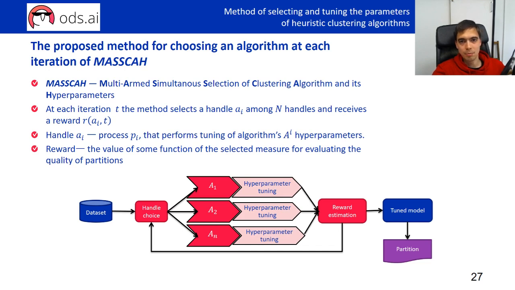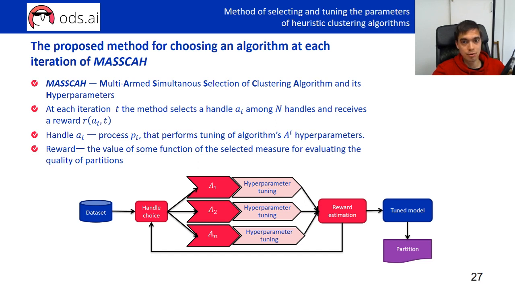So let's consider the proposed method for selecting and tuning that we call MASCAH. It actually stands for multi-armed simultaneous selection of clustering algorithm with its hyperparameters. Such an awkward name. At each iteration, the agent selects one of the arms, which corresponds to starting the hyperparameter tuning process for the corresponding clustering algorithm.